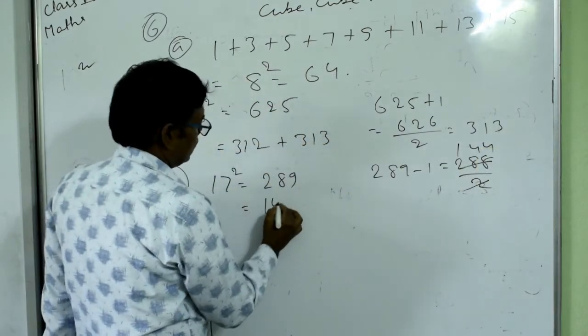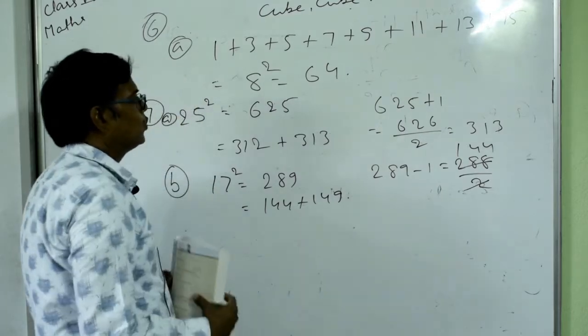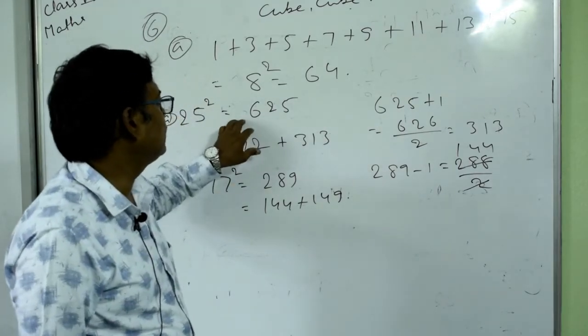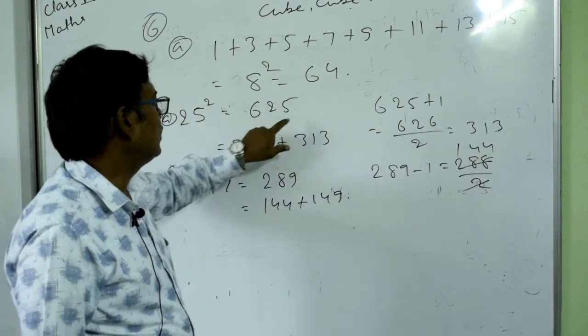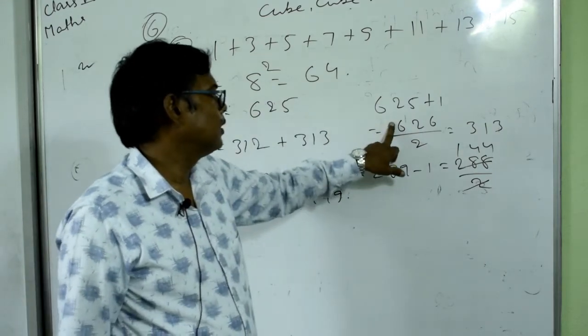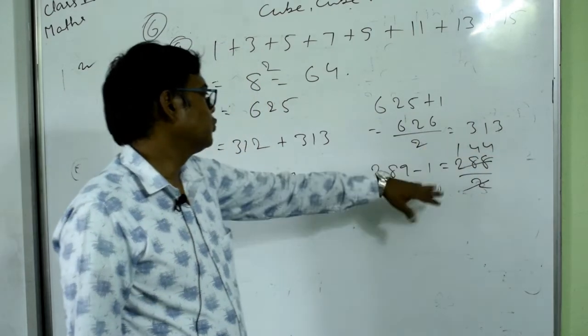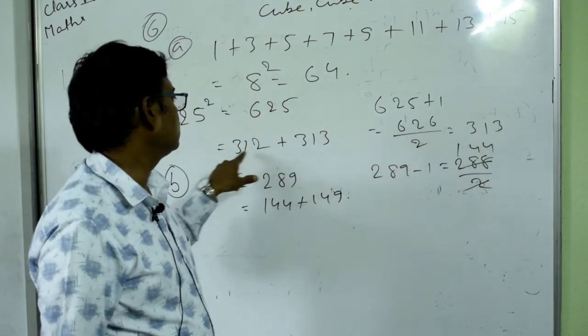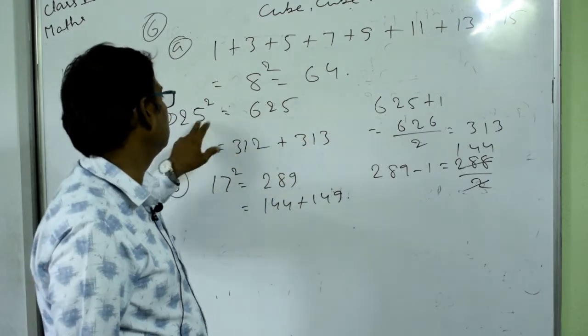So here it will be 144 plus 145. When you understand that you have the square of 25 as this much, add 1 to this number, you will get 313. Now decrease this number by 1, so you will get the previous number, that is 312, and then 313. So this plus this is equal to this.